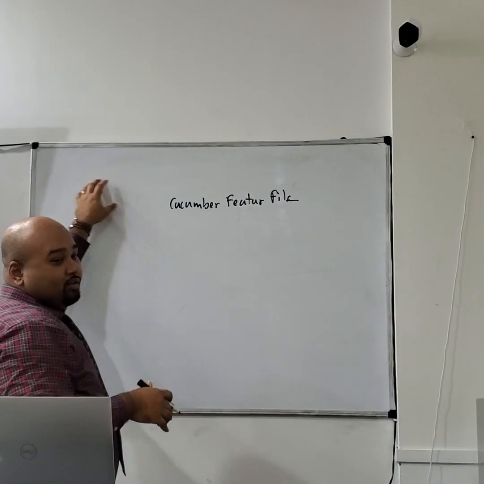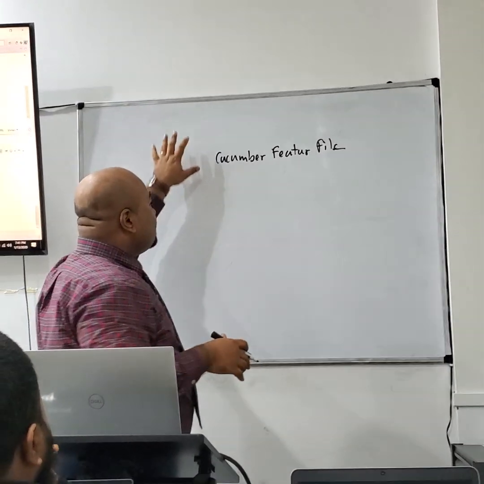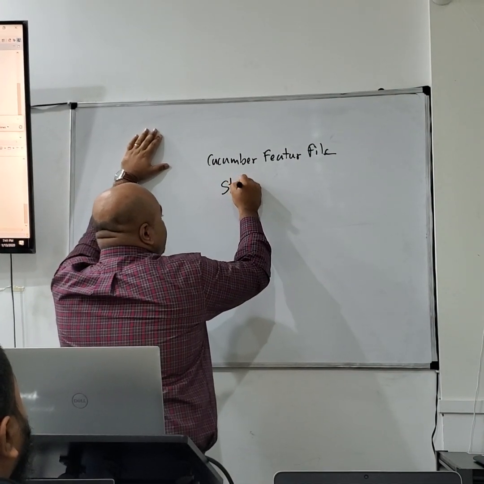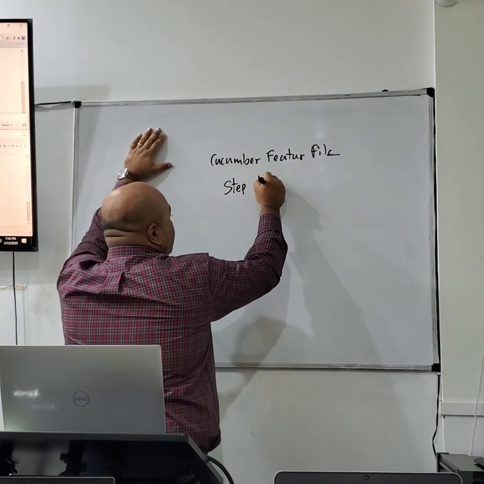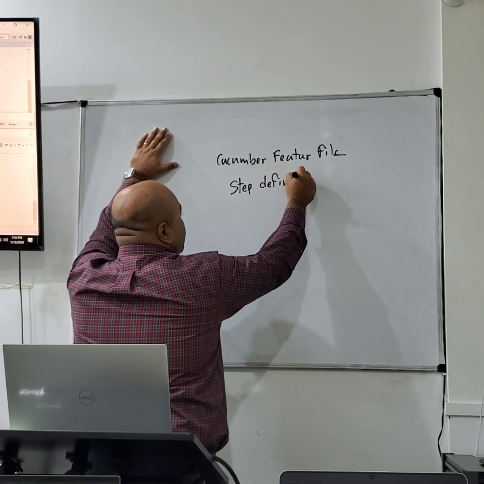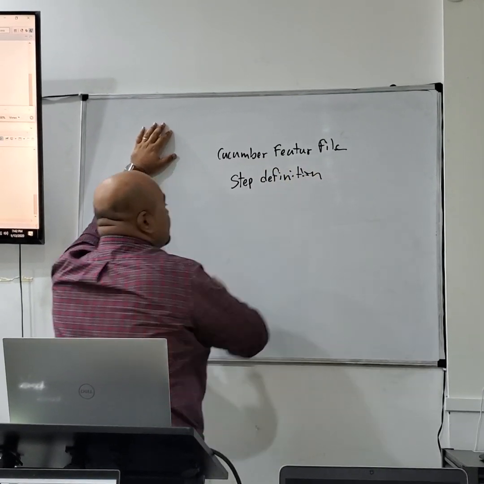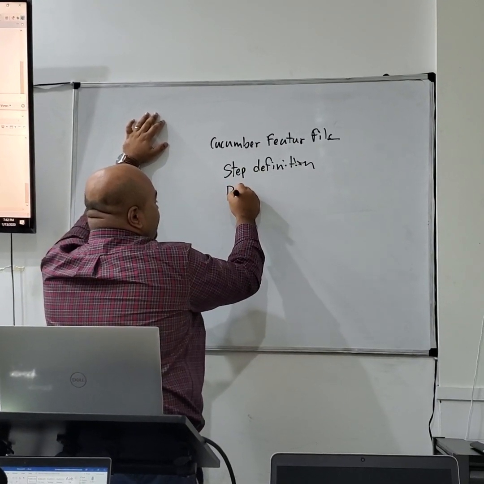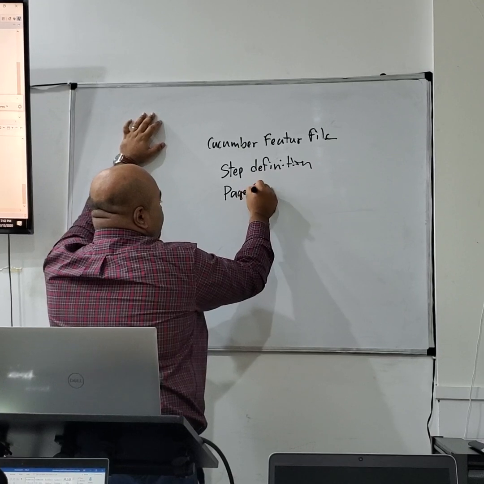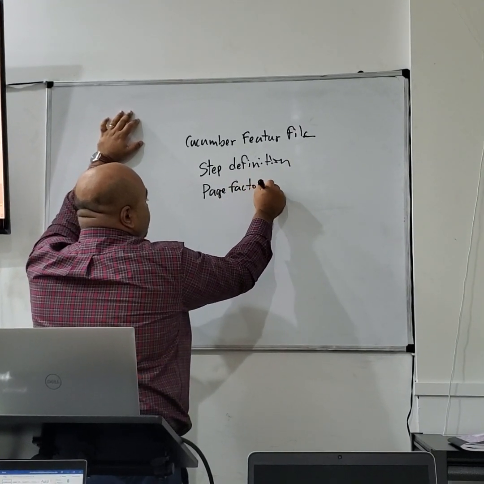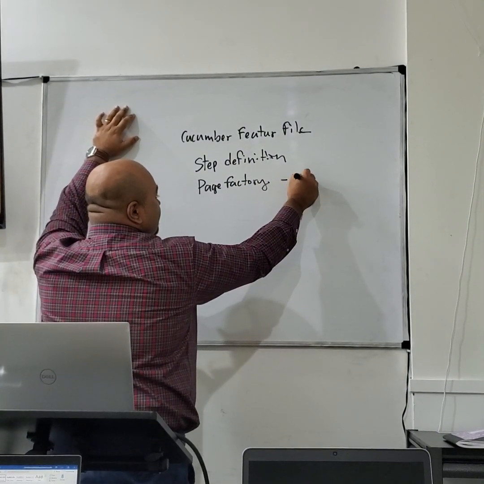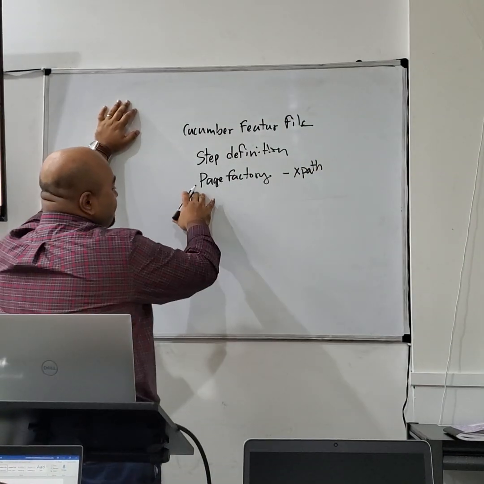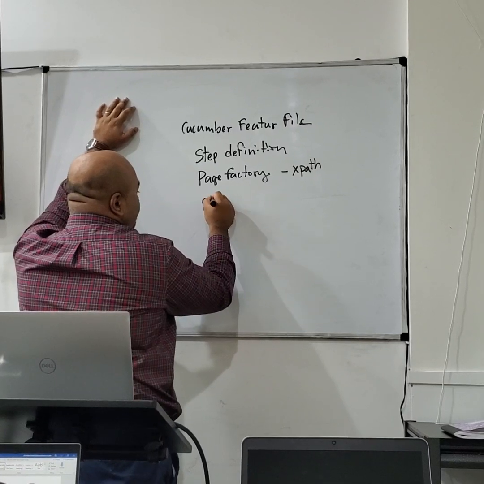Right? So when you start automation, using the Cucumber feature file, I create my step definition. Then from the step definition, I create my page factory, where I use XPath. Then I use GitHub for version control.